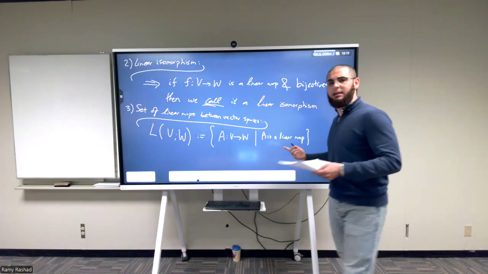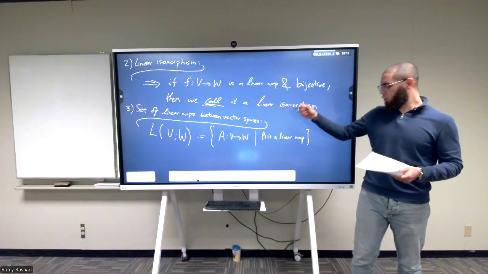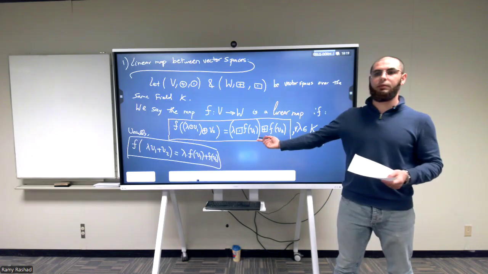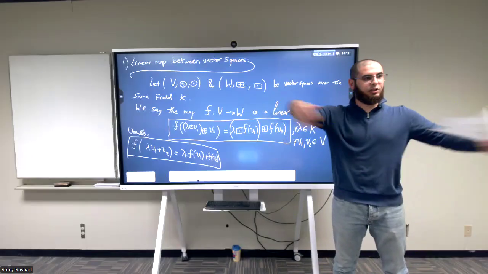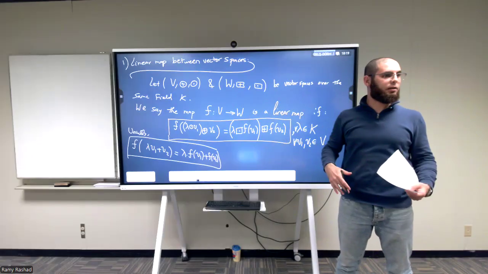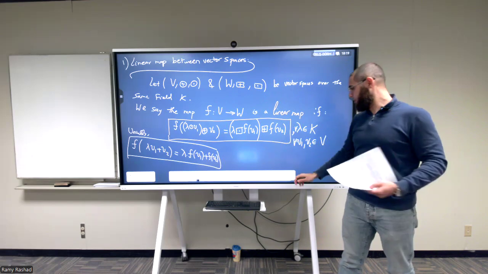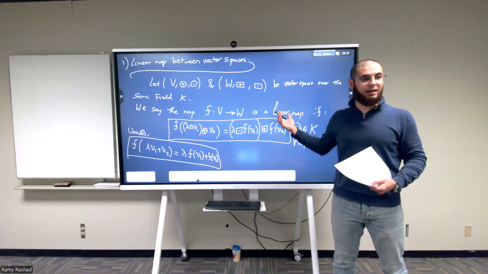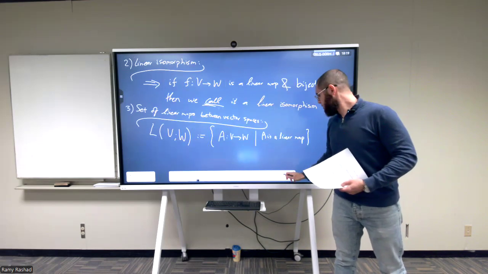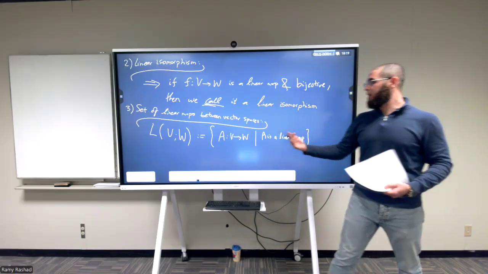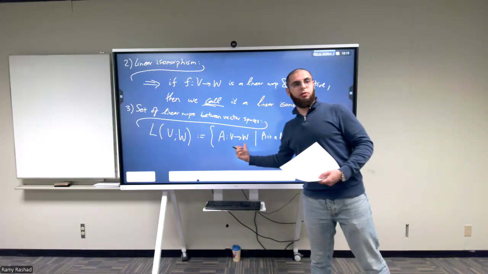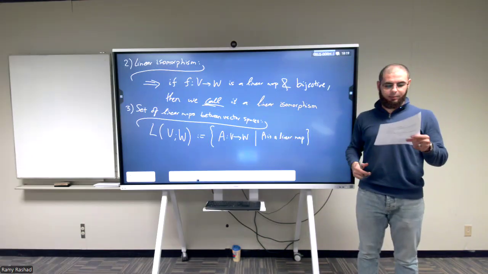Instead of writing it like this, I could have added all of the conditions we had earlier. So I can put all of this inside of the definition, and we're gonna have one huge definition of what the set is. But if you know exactly what the definition of a linear map is, then you can simply add it like this. You can say A is a map from V to W such that A is a linear map.